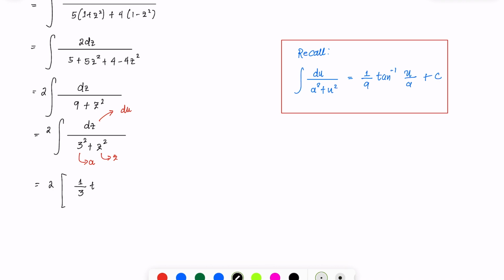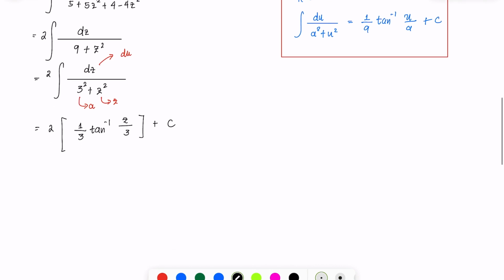And then we have the tangent inverse of u. Our u in this case is z, so that's z over a, and our a is 3, so that's z over 3. And then you add the integration constant c, since we are dealing with an indefinite integral.